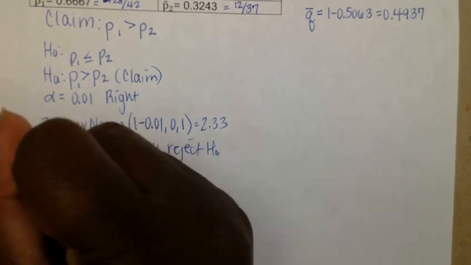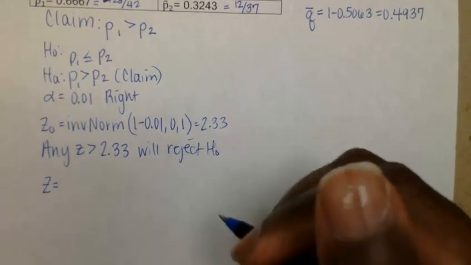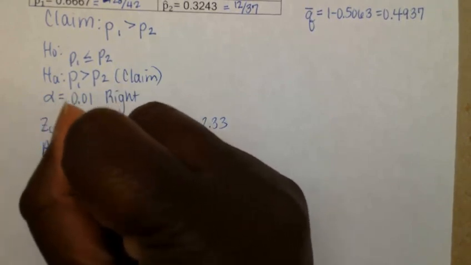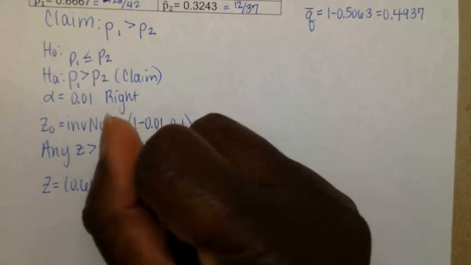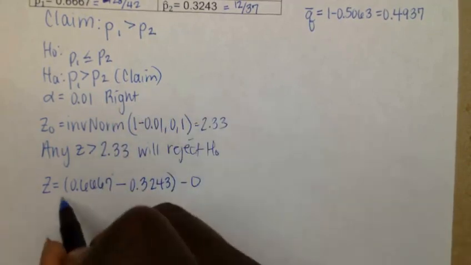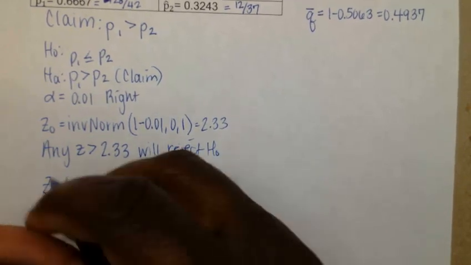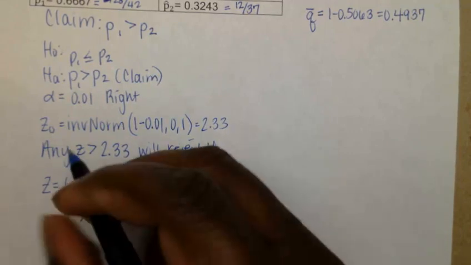All right, so for those who want to calculate Z, let me set this up for you. So P1 minus P2, and notice, put them in order. That's going to be 0. Then we do our P bar, Q bar.